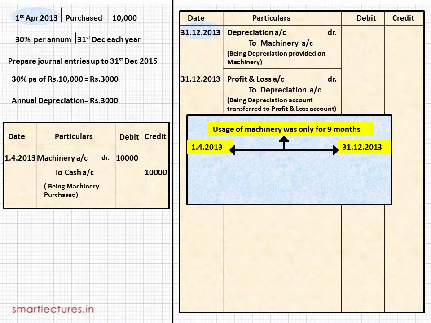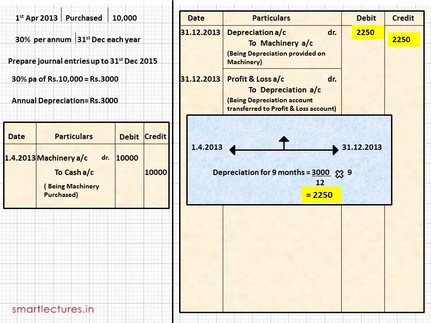So we have to provide the depreciation only for 9 months. The depreciation for 12 months is equal to 3,000, so for 9 months it will be 3,000 upon 12 into 9, that will be 2,250.